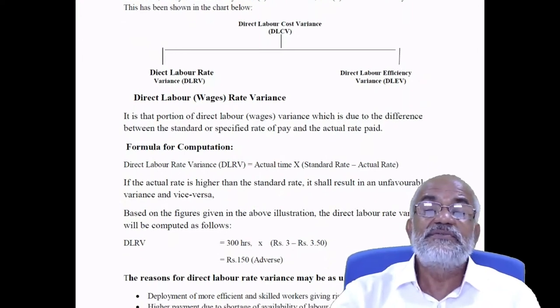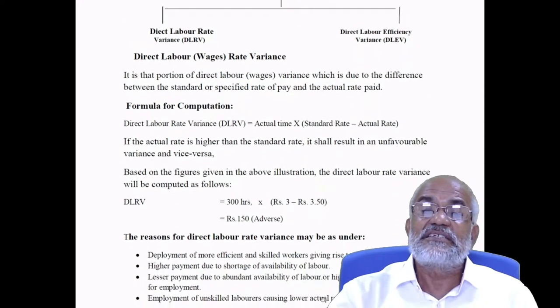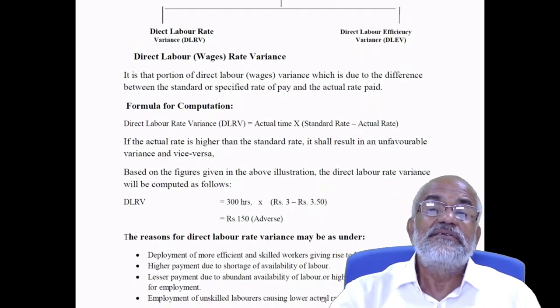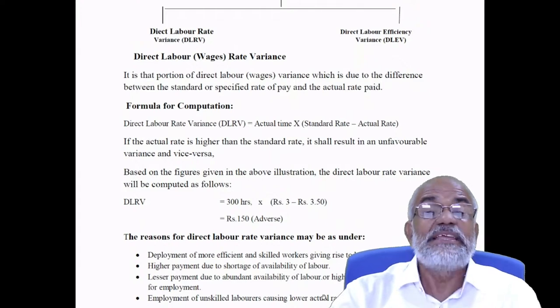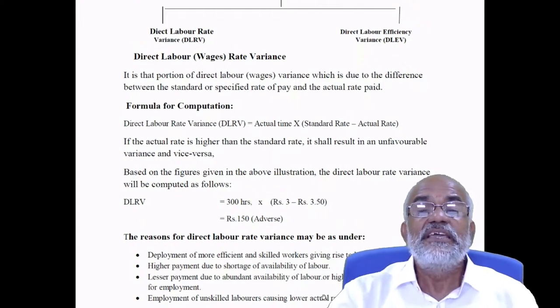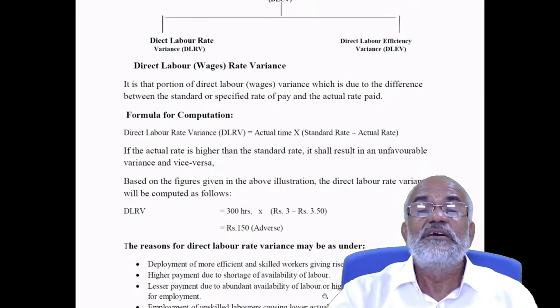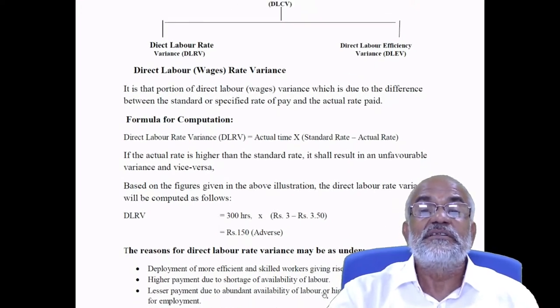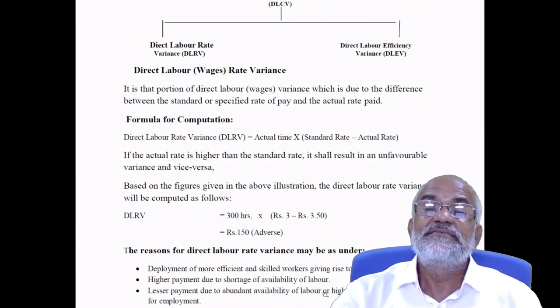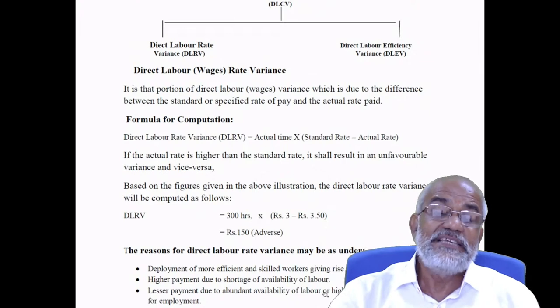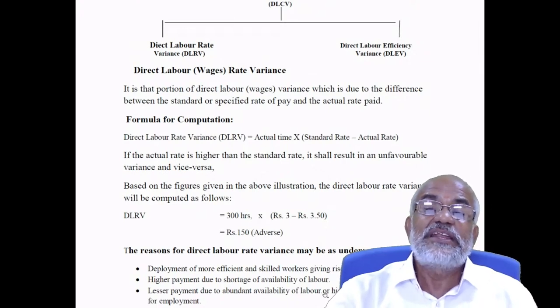So based on the figures given in the above illustration, let us calculate the direct labor rate variance. The actual time is 300 hours, the standard rate is rupees 3 and the actual rate is rupees 350.